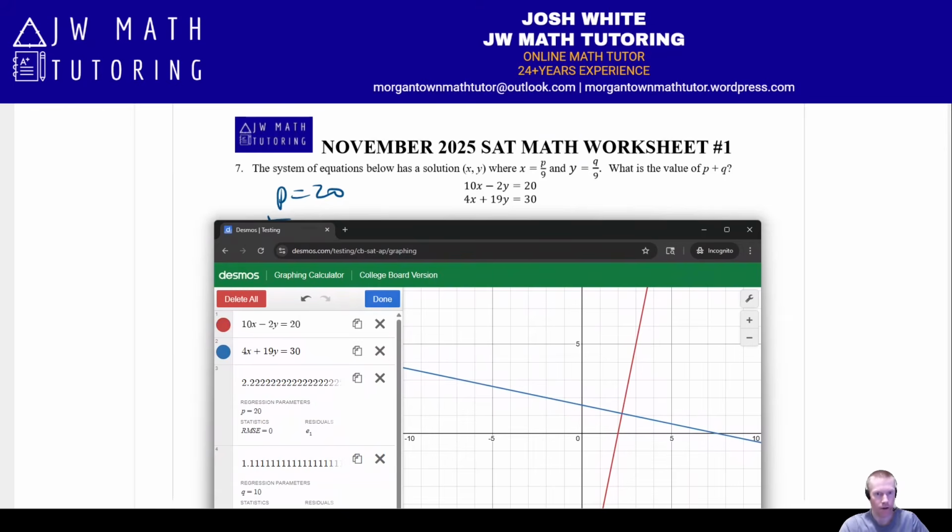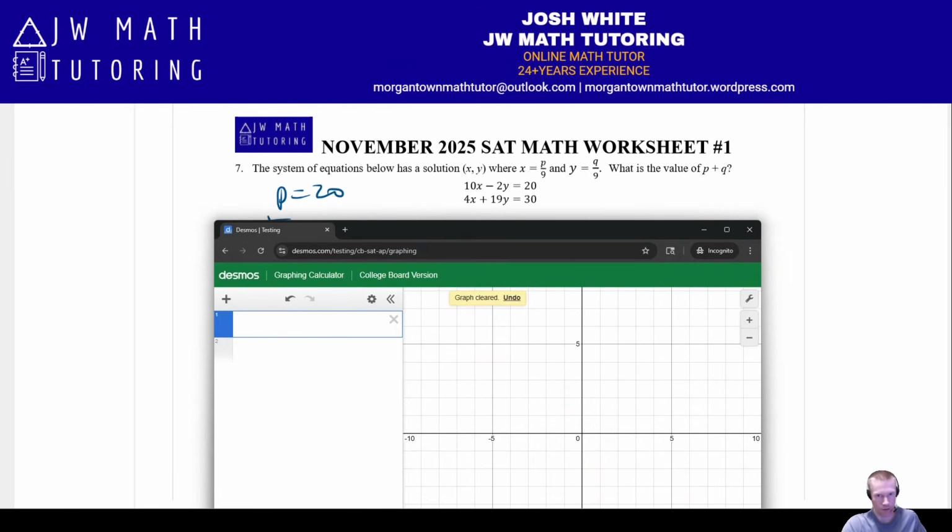All right, now, however, here's the way you can avoid having to type out the extra decimal places and everything. We can solve this using regression. So we're going to put the first equation left side, comma, second equation left side, first equation right side, comma, second equation right side.